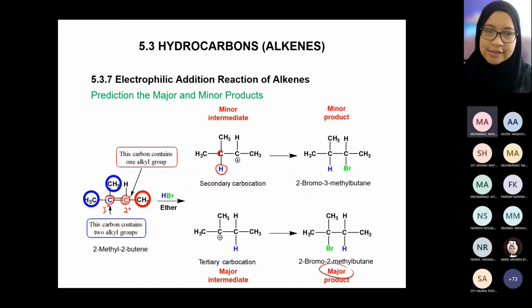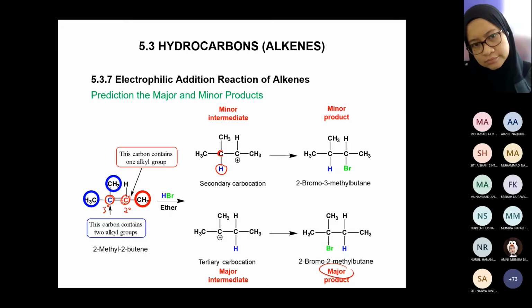Faham tak? Sebenarnya kalau soalan biasa dia tanya soal identify je lah. Normally we would go for major product lah. Okay, so the main thing is the major product. Minor tu unless it is specified in the question, then you have to show the minor product. Okay, but normally kalau dia tak cakap major ke minor, it is understood that you should be showing the major product.